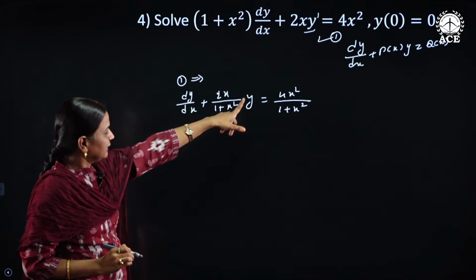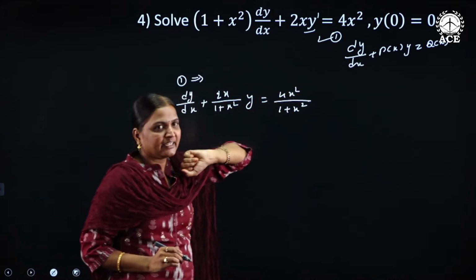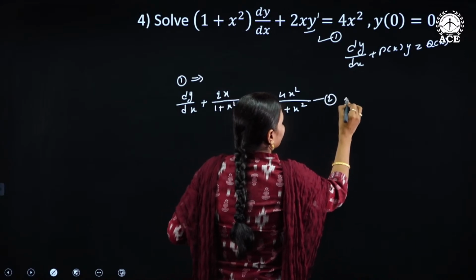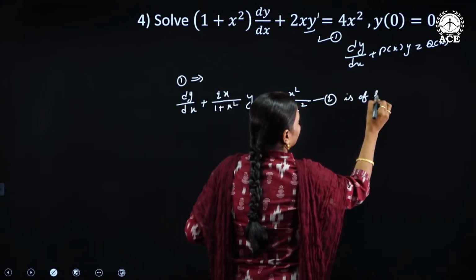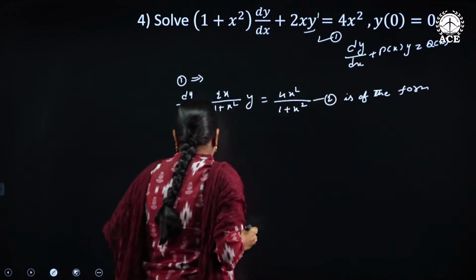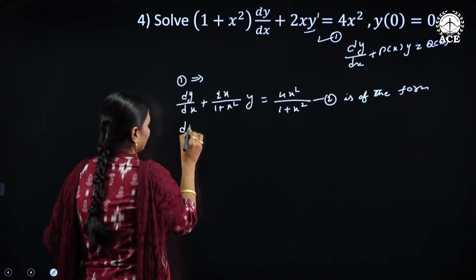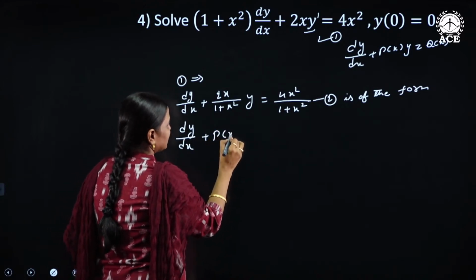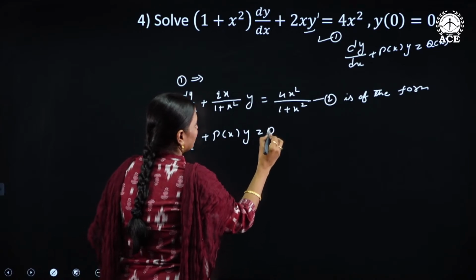This is in the standard form of linear in y. So consider it as equation 2. Equation 2 is of the form, what is the standard form? The standard form is dy by dx plus p of x into y is equal to q of x.